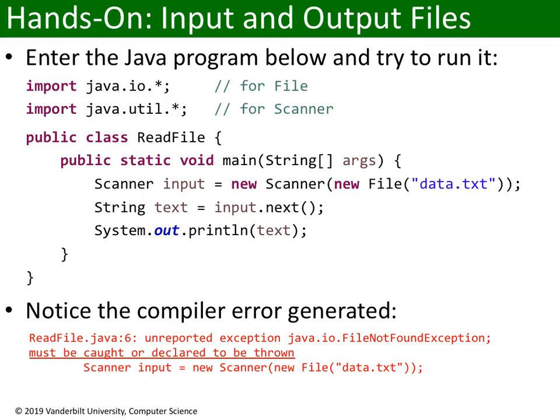So the scanner constructor method is preventing the runtime error from crashing the program, and instead is handing it up to the next level in case we wanted to implement something to prevent the program from crashing and potentially display a message and say, file not found, enter the correct file name, or something of that nature. So a more graceful and elegant way of dealing with this error rather than just crashing the program.